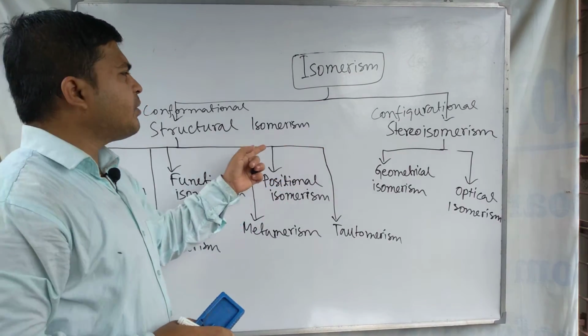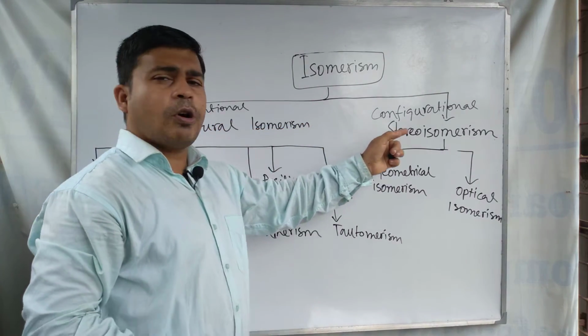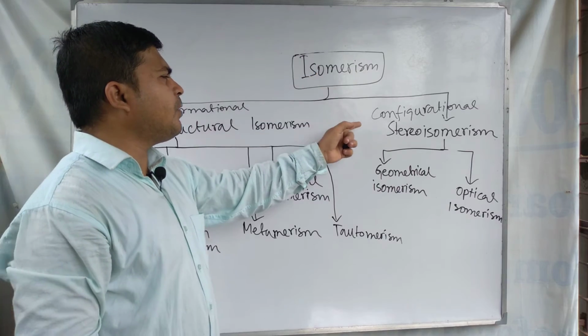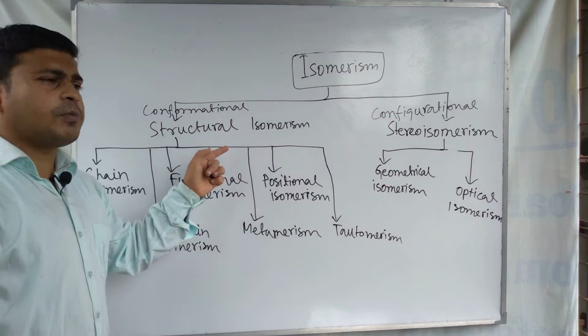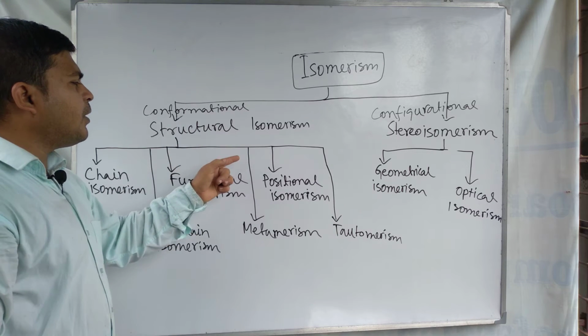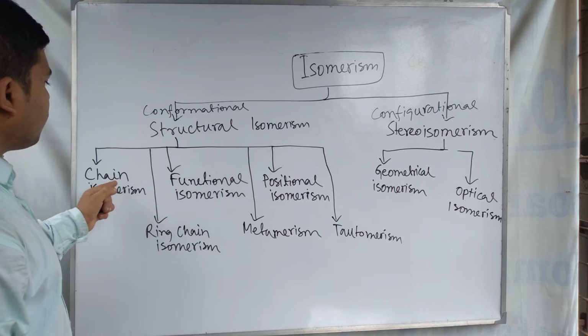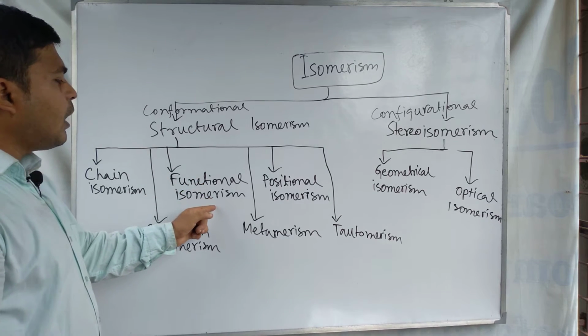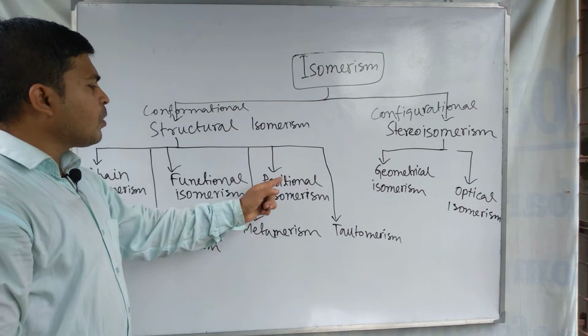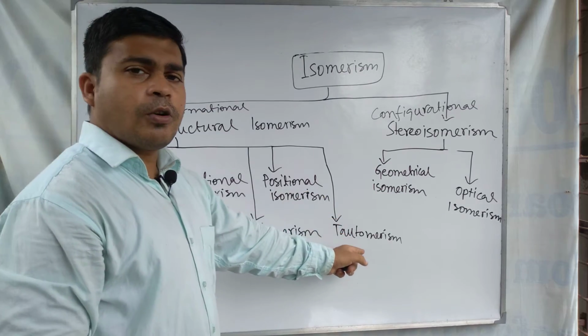The other one is called structural isomerism. The two broad divisions of isomerism are stereoisomerism and structural isomerism. And structural isomerism is again divided into chain isomerism, ring chain isomerism, functional isomerism, metamerism, positional isomerism, and tautomerism.